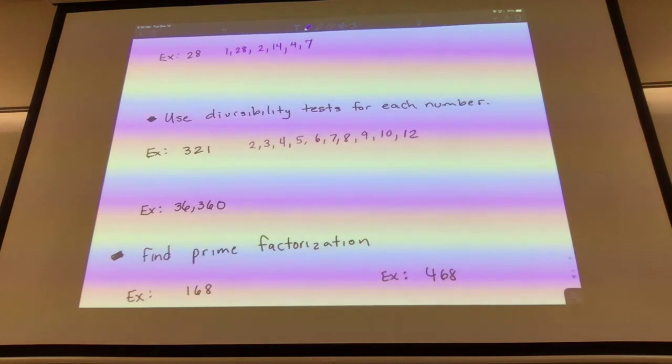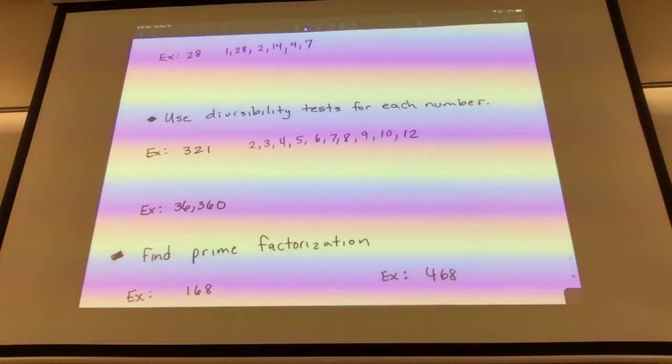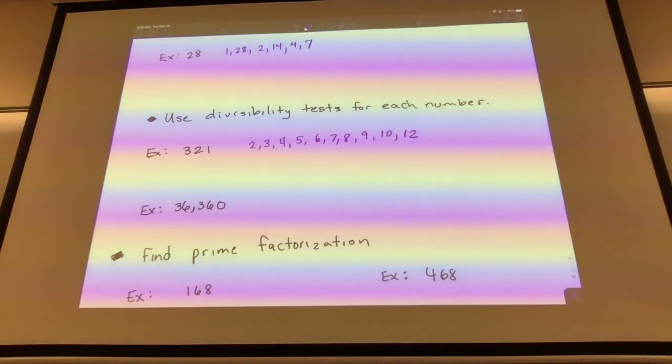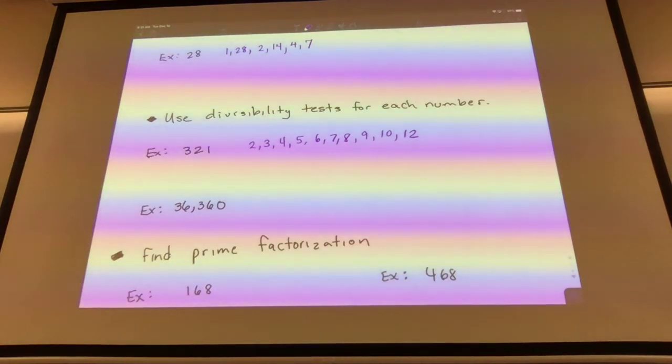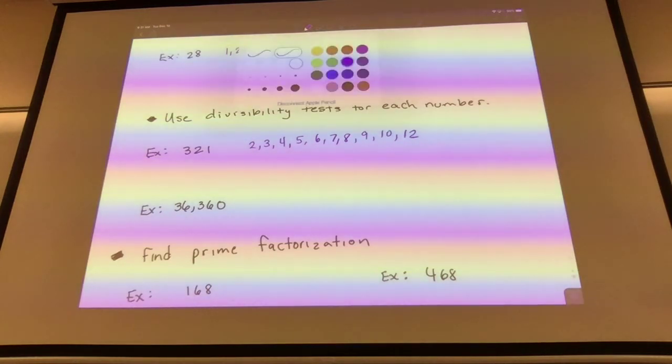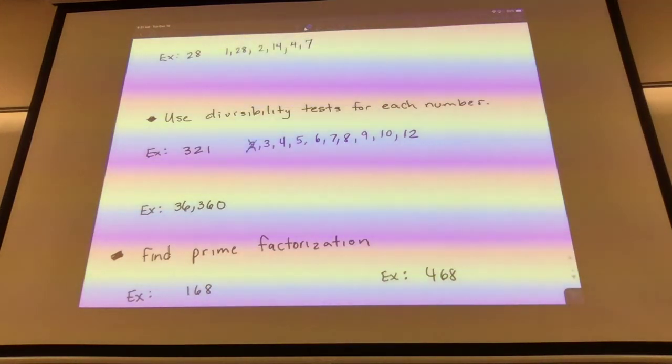Okay, so we have the divisibility rules for basically these numbers right here. We're going to go through each one, and we're either going to circle it or we're going to mark an X on it, just so we know that we've gone through each divisibility rule. So for 321, is it divisible by 2? No. So mark it out.